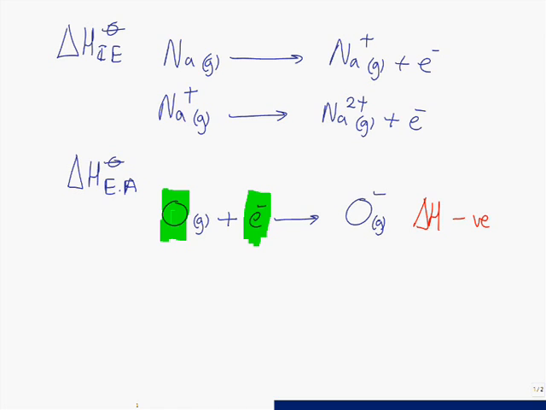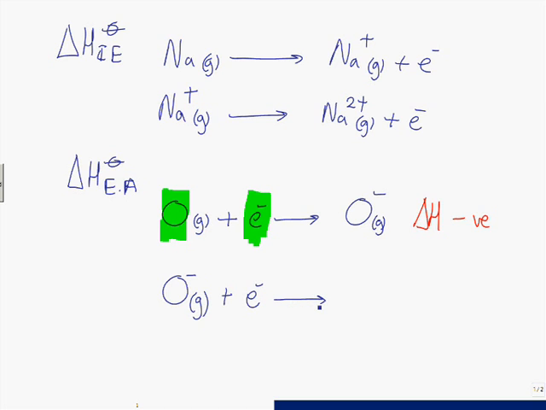But of course, once we've actually added that electron to the oxygen atom, we now have a high degree of electron density within the oxide ion. Now that means that what we have is not only the attractive force between the electron that we're dropping in and the positive nucleus of the O minus ion, but we also have the repulsive forces between the electrons within the ion itself and the electron that you are adding.